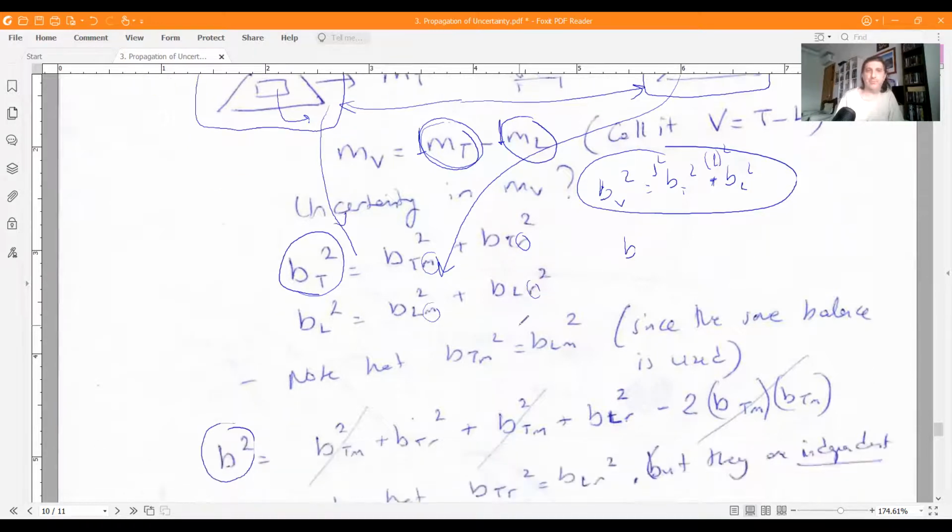Now here is the interesting point. These two are equal to each other. These two are also equal to each other, right? Because they are the same equipment, so the resolution is going to be the same. On the other hand, these two are independent from each other because at two different instances, you measure the resolution.